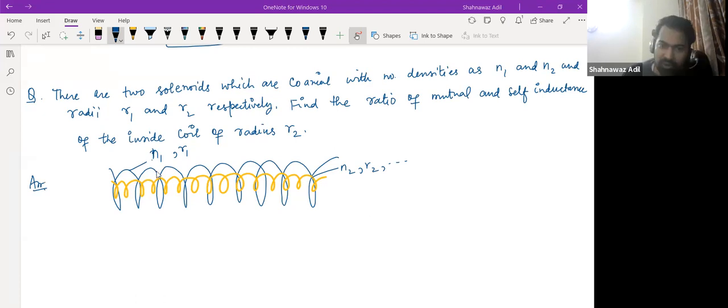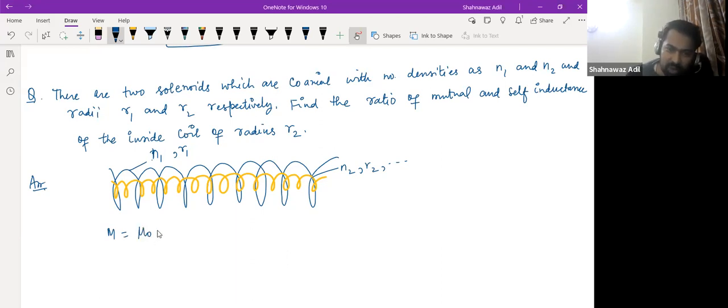So what do we have? We want to calculate the mutual inductance in this coil, and the self-inductance in this coil. What would be the mutual inductance in this inside coil?